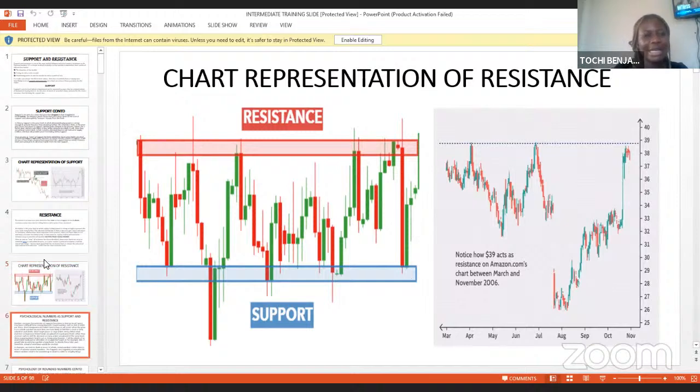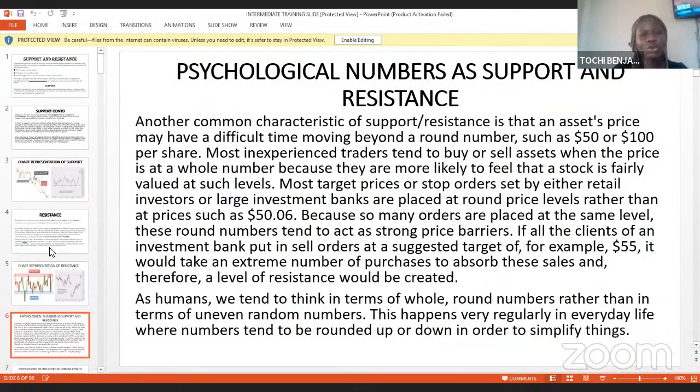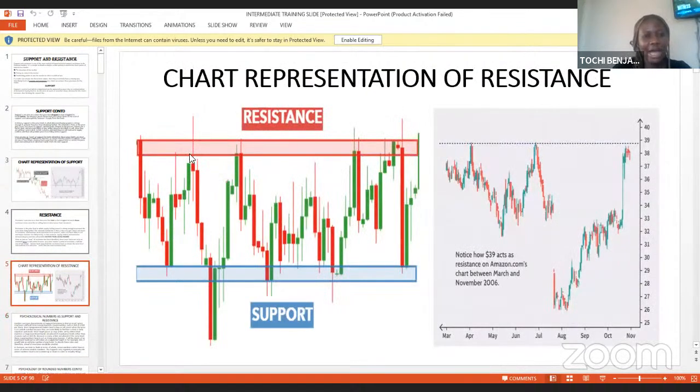You could touch it by the wick of a candle. You can see this is seen as a candle wick. The tiny body of this candle is seen as that candle wick. Then you have the full candle, but this is seen as the conduit. So price can decide to come back to a particular level by the wick. It can just come there, then price will be rejected.